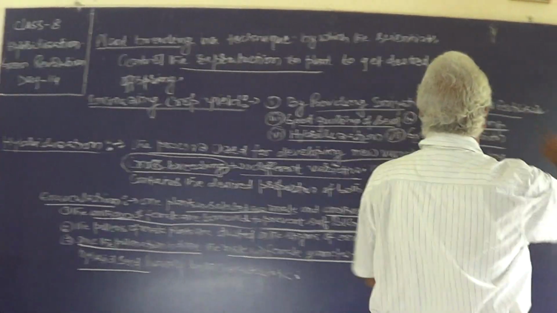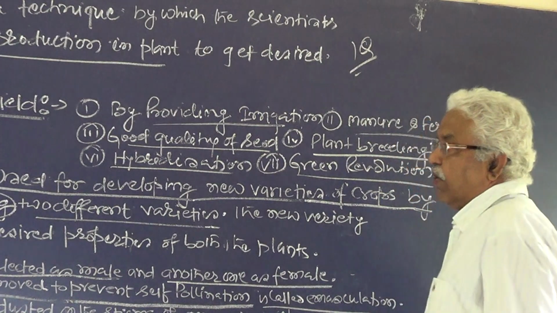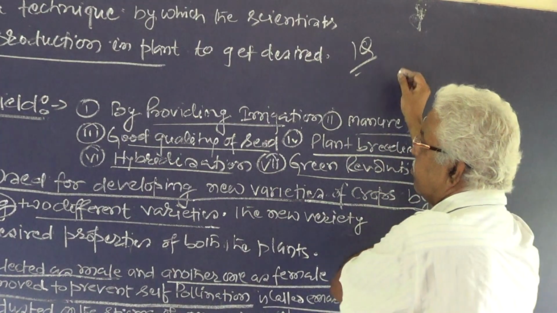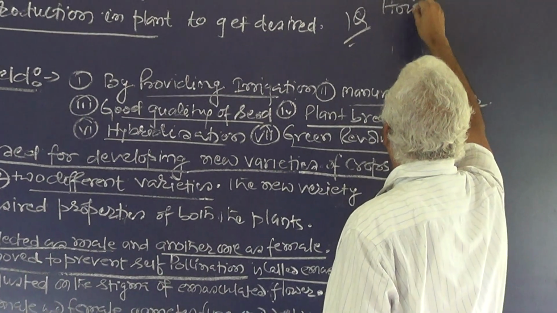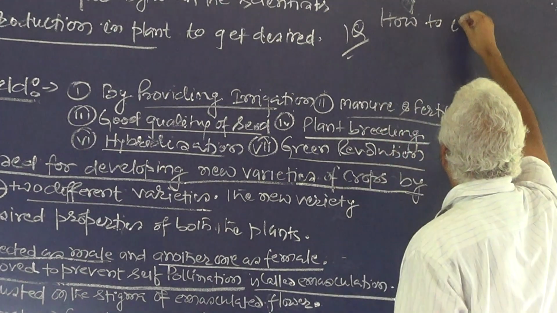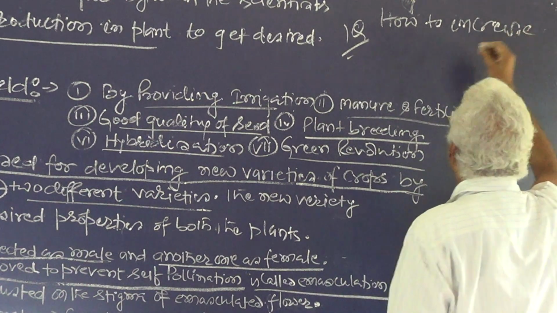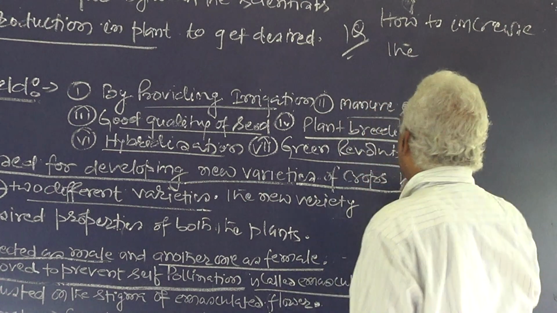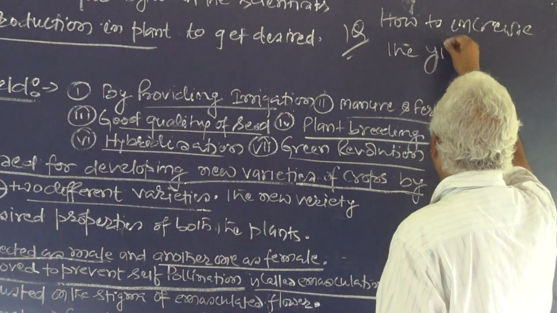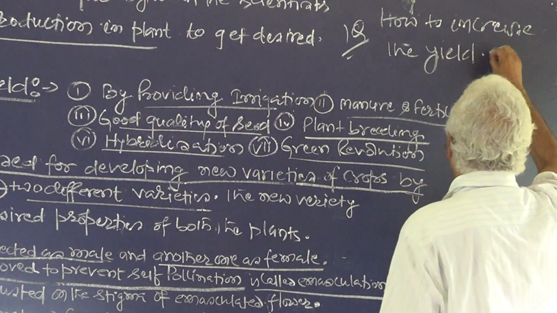Now write question 1. Question 1: How to increase the yield? Explain.